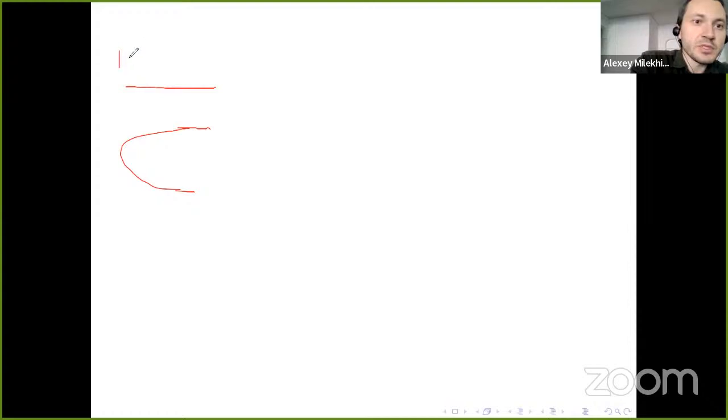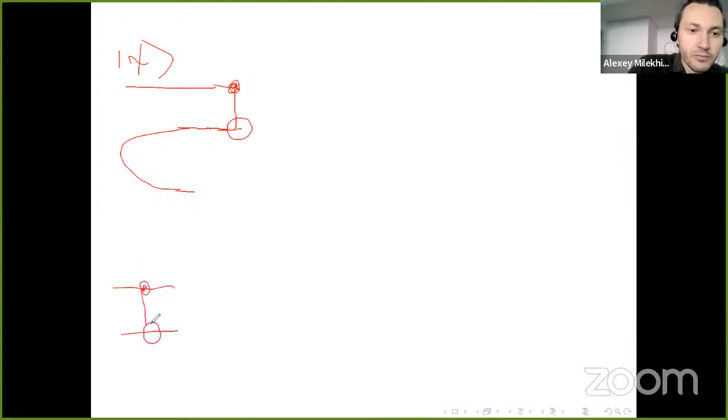So this is state psi. You need to apply the so-called C0 gate. So what does C0 gate mean? It means the following. This is what people call C0.